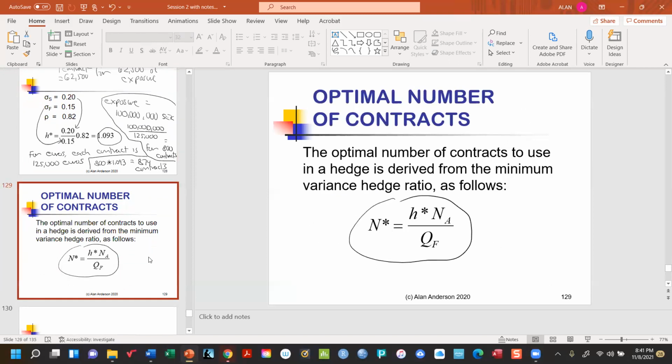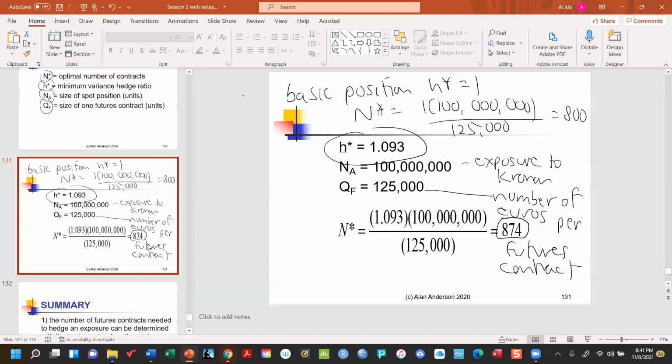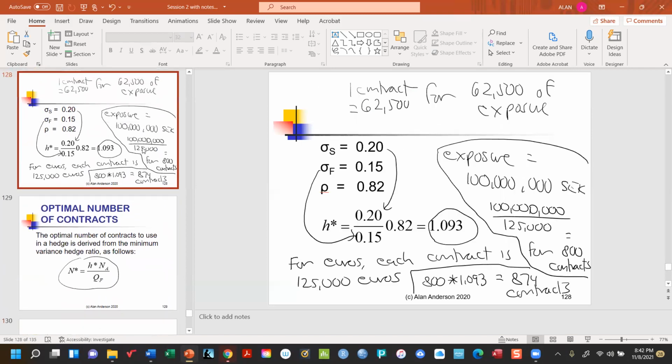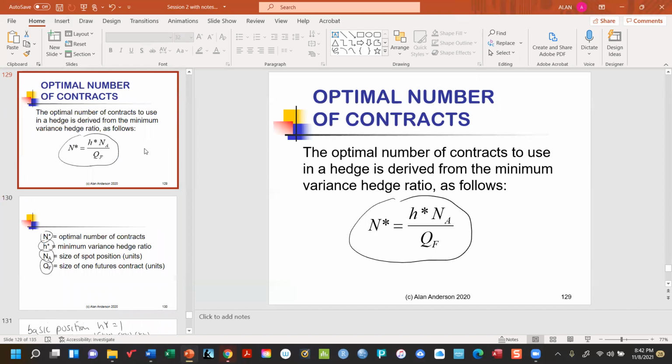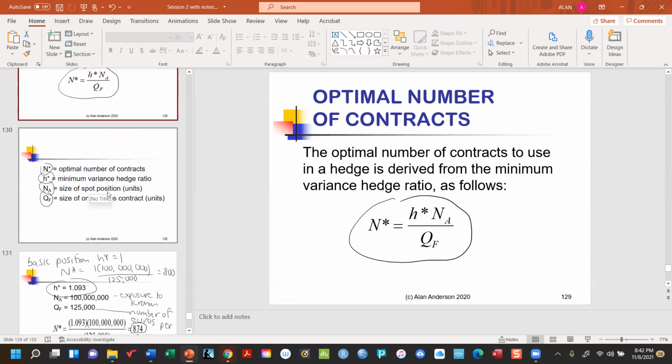All right. Now, here it is. This is a different approach to doing the same thing. I just went ahead and multiplied 800 by 1.093. This is the more formal approach. The H star that we just calculated, and A is the number of spot assets.